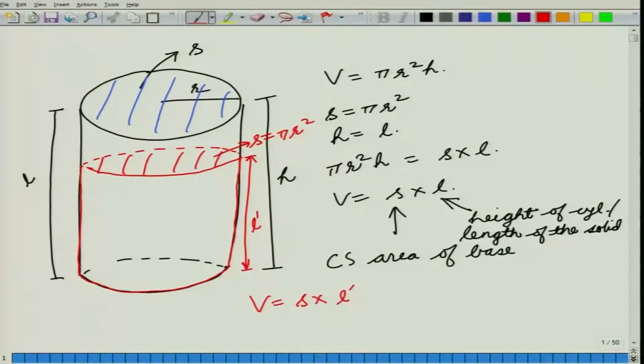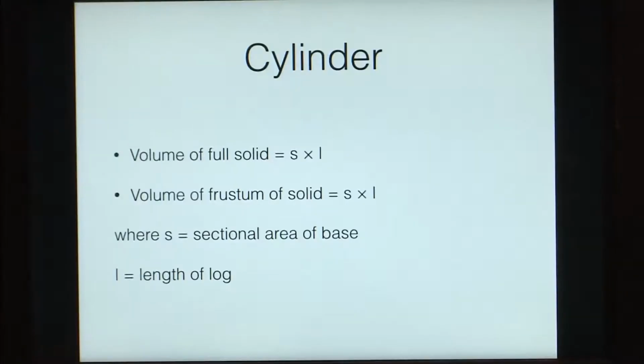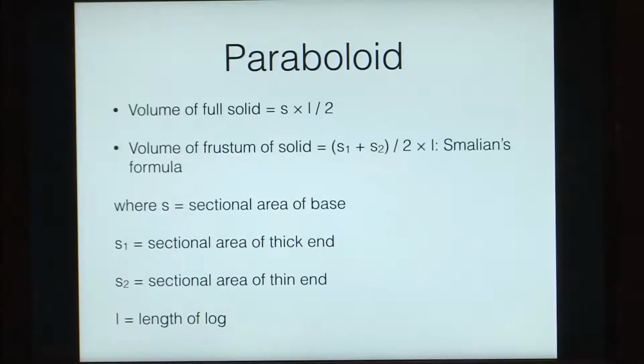So, coming back to the slides, the volume of the full cylinder, or the volume of the full solid, is given by S into L. The volume of a frustum of a solid is also given by S into L, where L now is the length of the frustum, and here S is the sectional area of the base and L is the length of the log or the length of the solid. Now, we also looked at a shape called paraboloid.